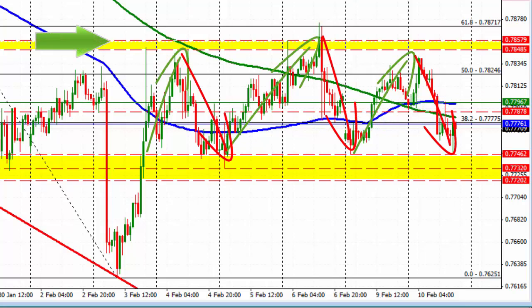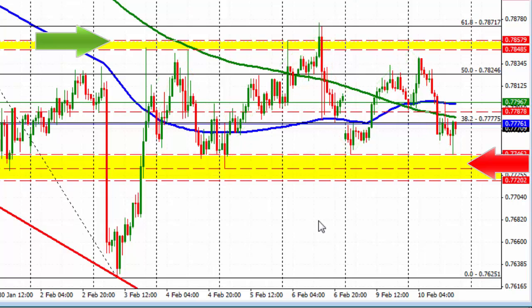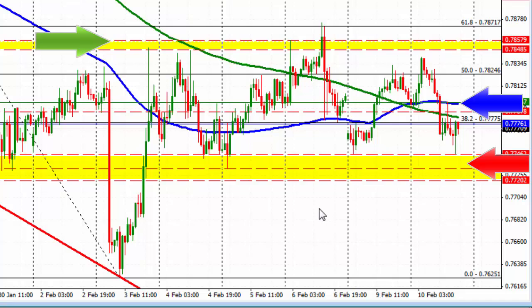So we've been going back and forth between extremes up here, extremes down here, and in between using that 100-hour moving average as a level to lean against, or turn the bias around on a break. And I think that's probably going to continue.